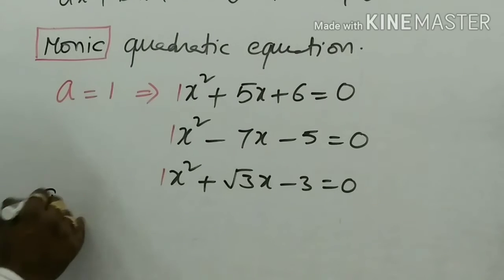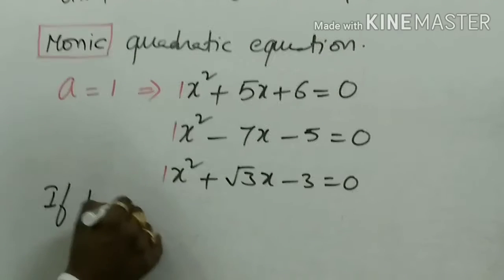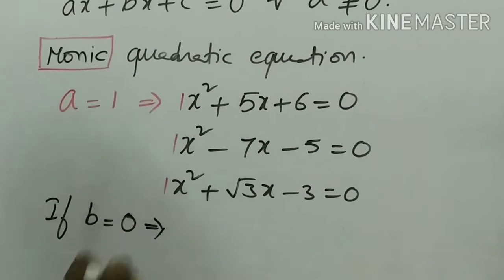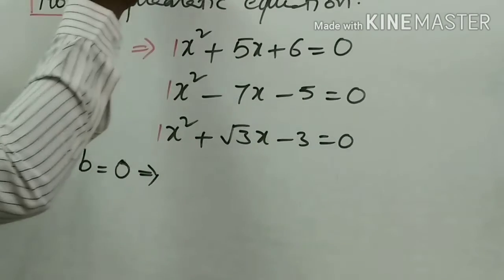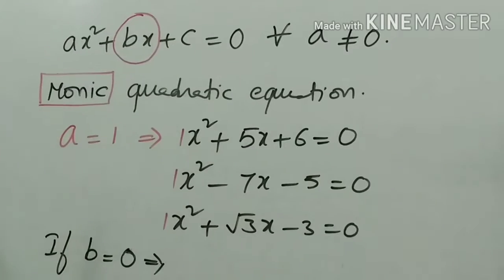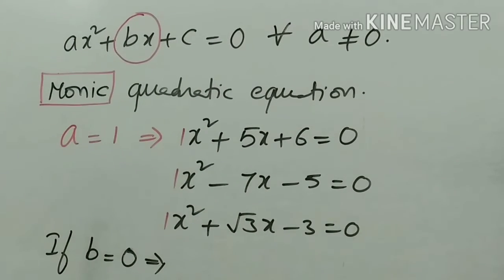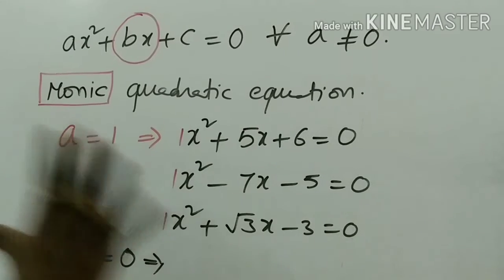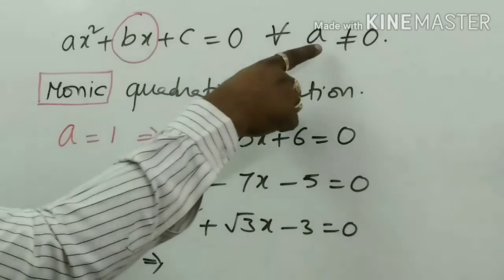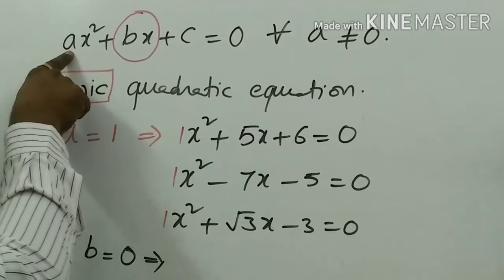Then we have one more thing. Suppose b is equal to 0. What is that? The x coefficient is not there. It becomes 0. Anyway, a cannot be 0.